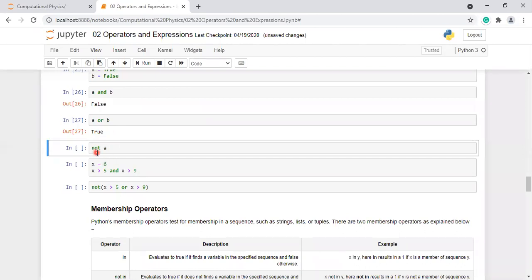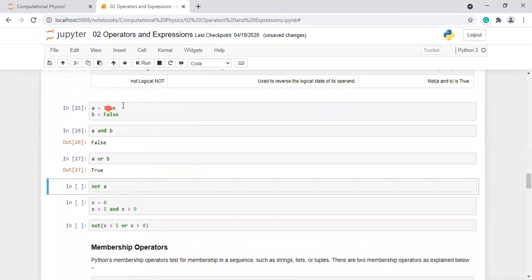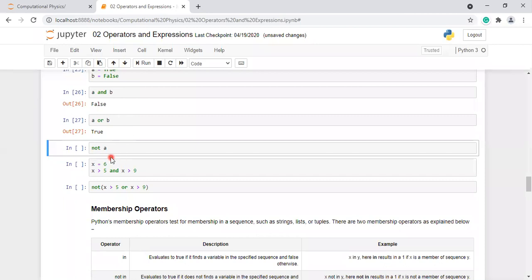Next the not gate. The input is true, true is 1. So not A: the not gate's input is high, so what will be the output?